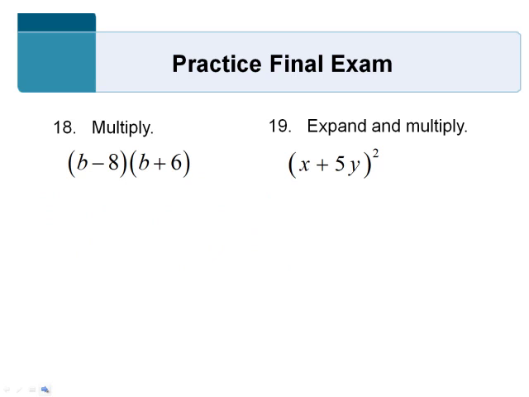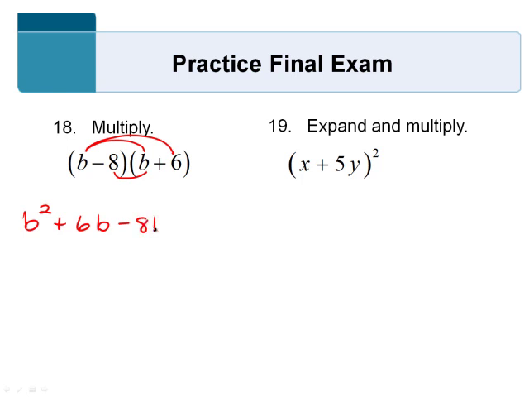All right, number 18 and number 19. These are both FOIL problems, okay, because you're going to be multiplying binomials. We're going to do b times b, that's b squared. Then b times 6 would be positive 6b. Now we go back with the negative 8 times b, that's your inner term.